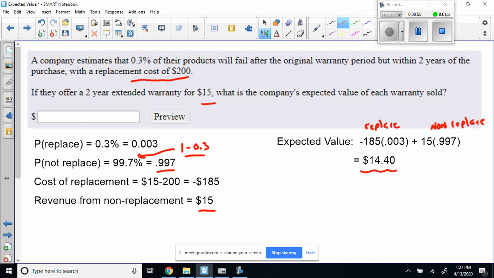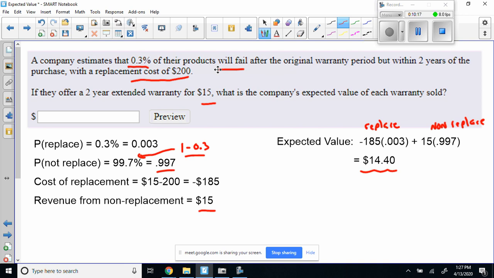Because if I'm building a good product that will last more than 2 years, and my probability is 0.3% that the products will fail within the 2 years of purchase, I'm making bank, right?